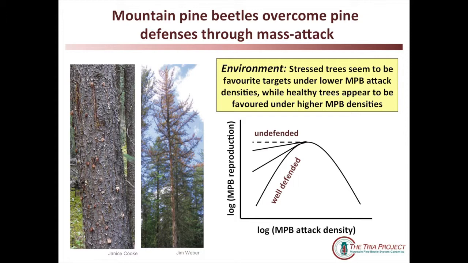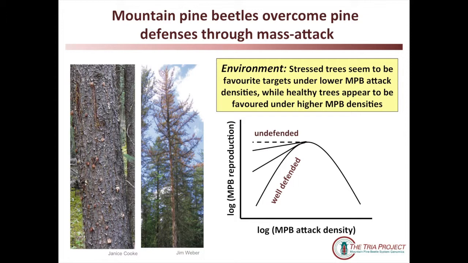So one of the classic findings of Berryman is that stressed trees are more of a favored target at those lower mountain pine beetle densities. As those population levels then rise, healthy trees become a more favored target or victim.